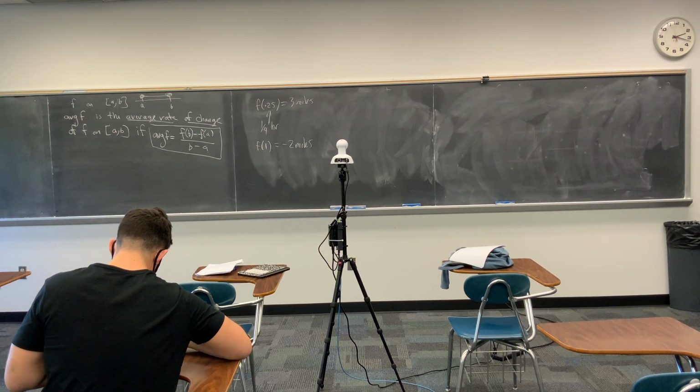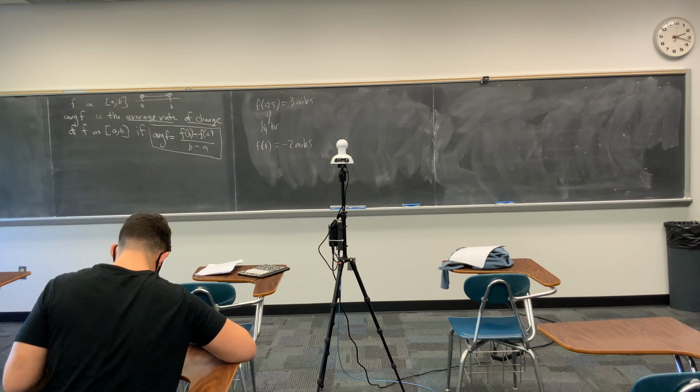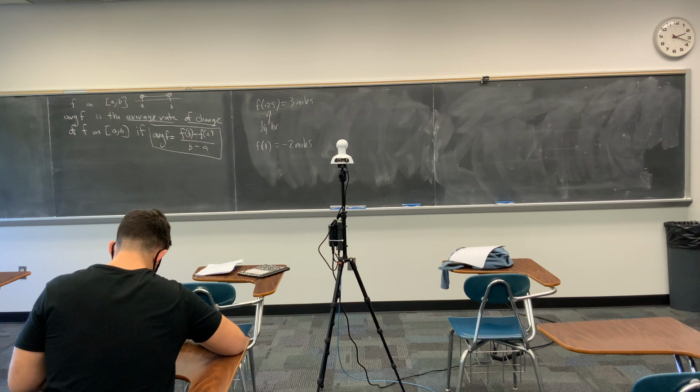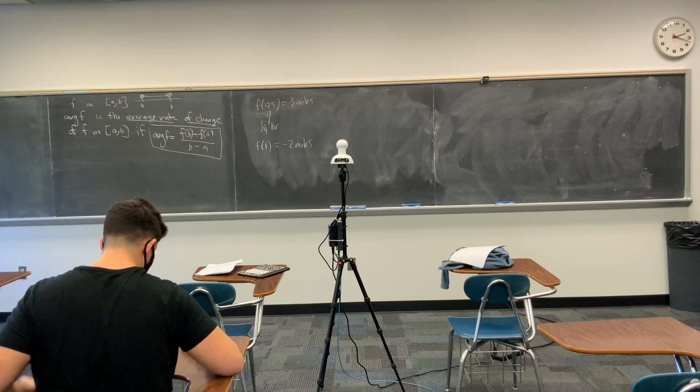So 5 minus negative 2, does that make negative 3? Oh my god, because I did write it down wrong. See, I know I messed up. What'd you say you got for it?